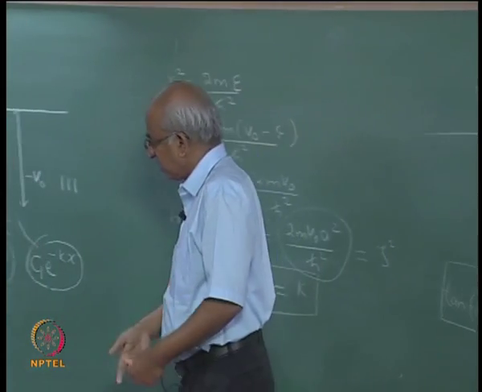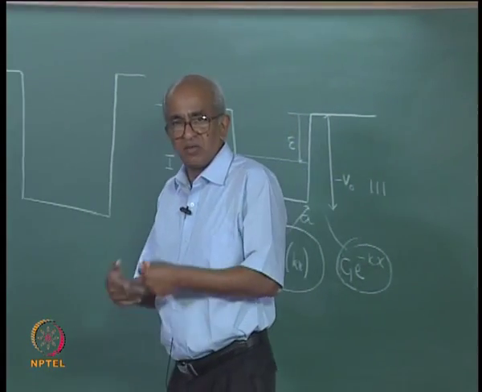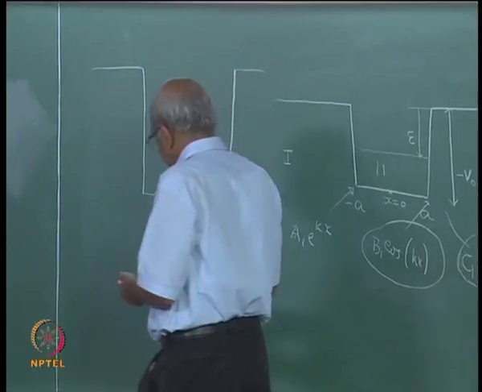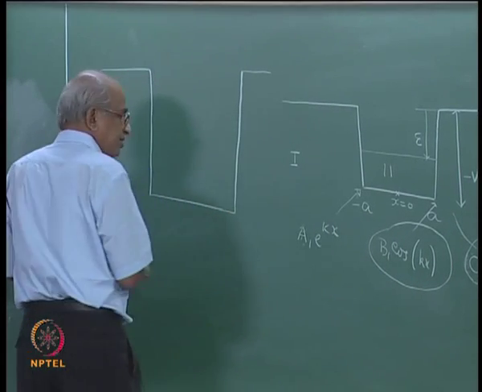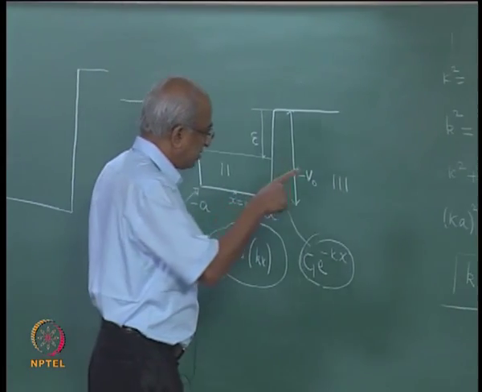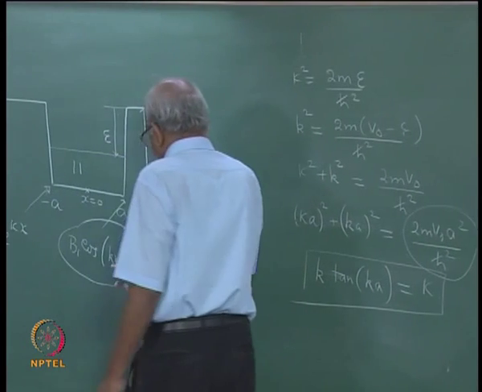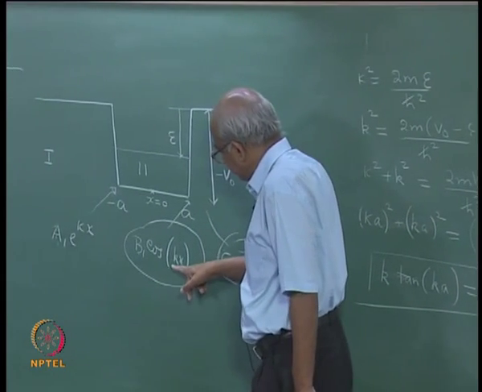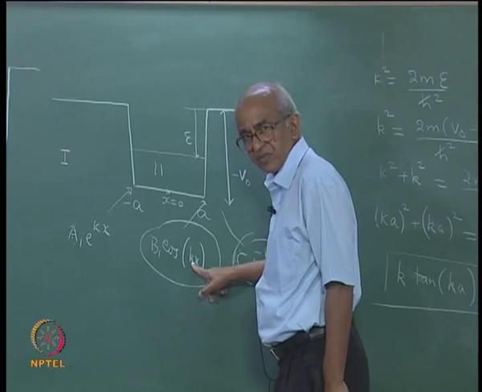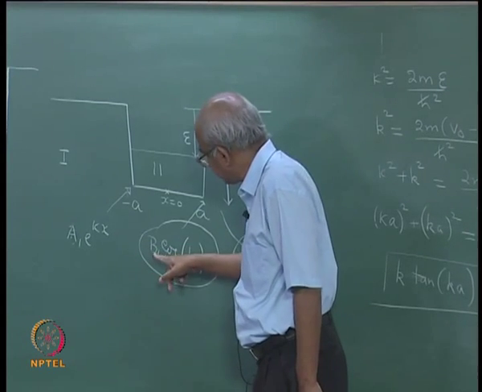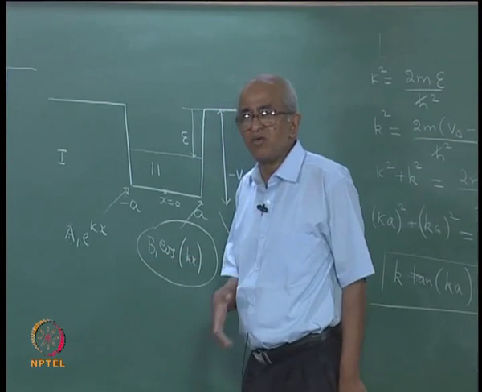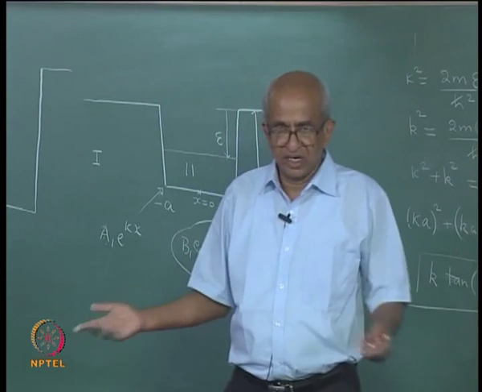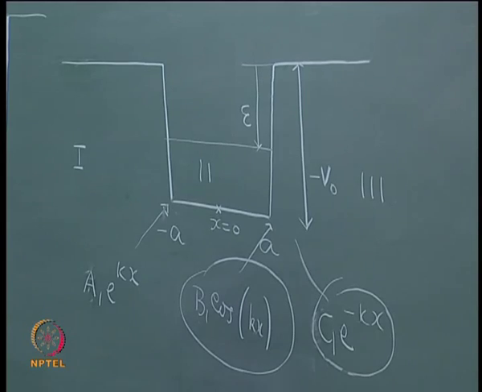You can use a computer program, specifically if you like mathematics, and get the values of epsilon, and once you know the values of epsilon, or if you know the values of k, you can put those in here. And then of course, you will have to determine these constants B1 and C1. How will you determine them? Well, continuity of the wave function has to be there.